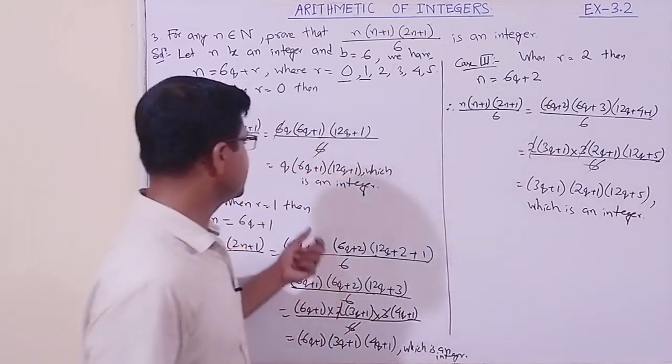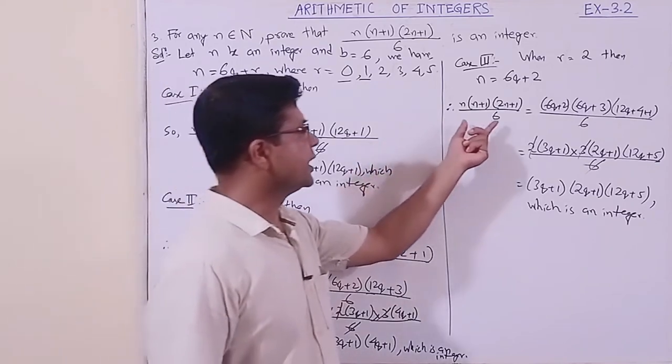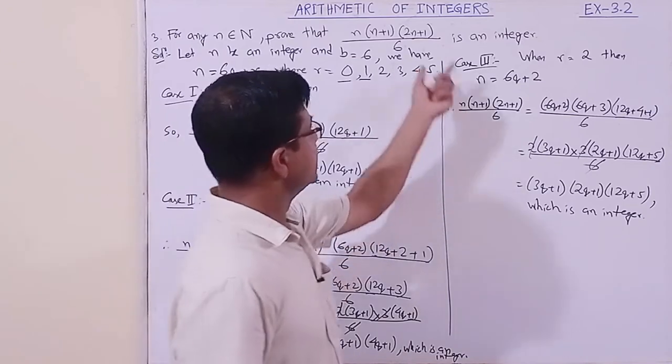Okay, so in the first case we have got this is an integer. In the second case we have got this is an integer. In the third case we have also got this is an integer. So in every case we will get an integer.